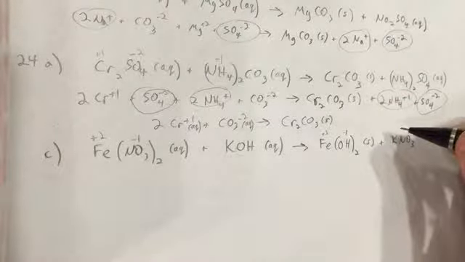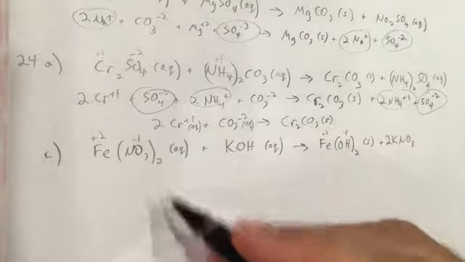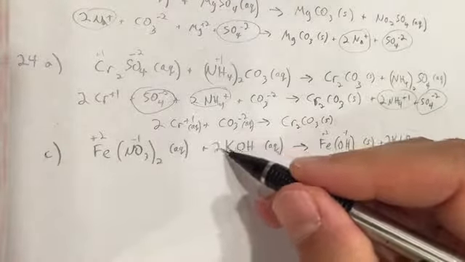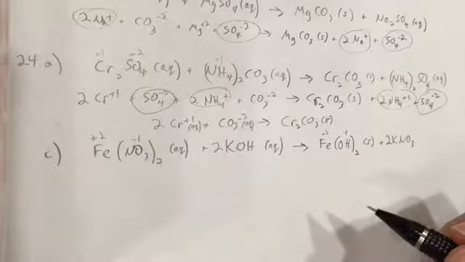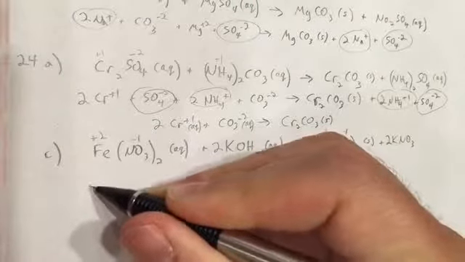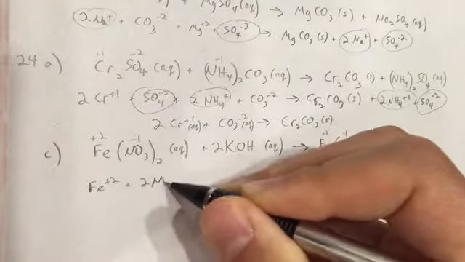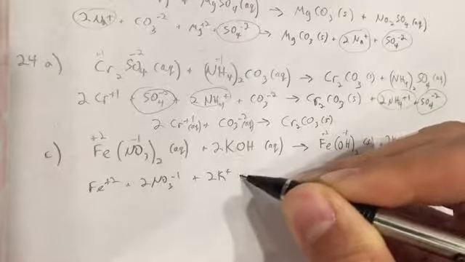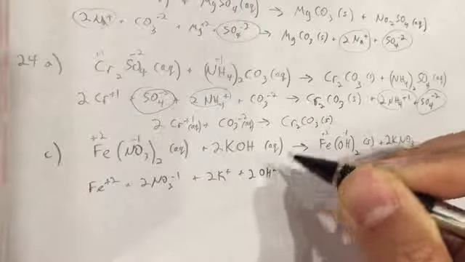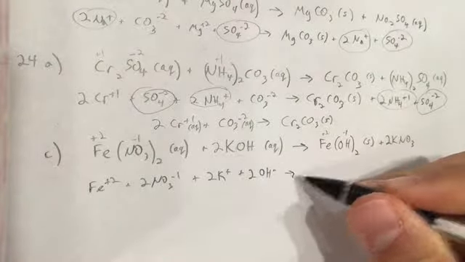Now balancing this, we're going to want to put a 2 there so that we have 2 NO3s on both sides. And a 2 right here, so we have 2 Ks on both sides and 2 OHs on both sides. Now if we break up everything that we can into ions, notice we've got 2 Ks and 2 OHs.